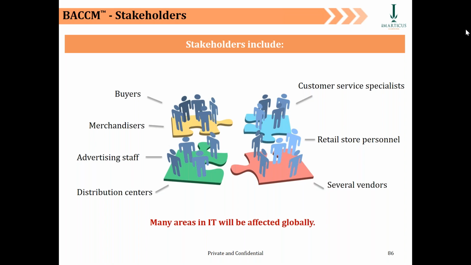So the customer relationship operator interacts with the retail store personnel as well. And of course, since it's a product-based company, there is a sufficient amount of advertising, merchandising, etc. happening as well. So the idea is that as a business analyst, you may have to interact with them.